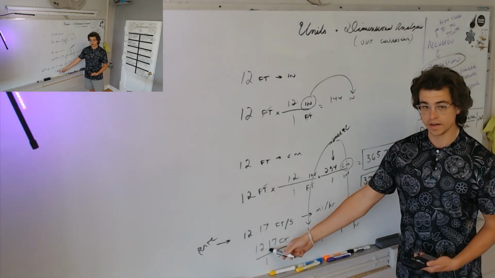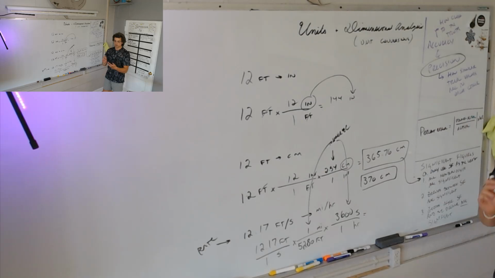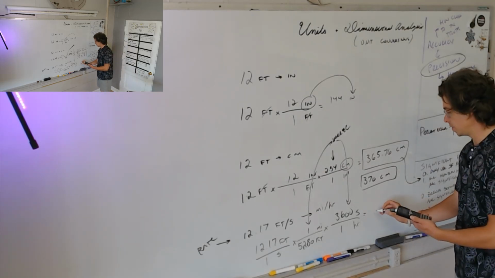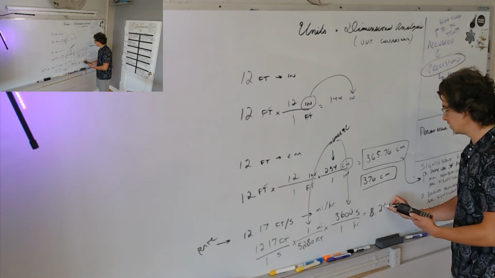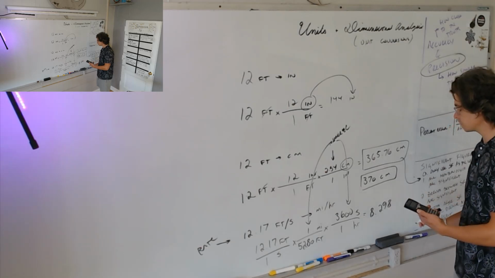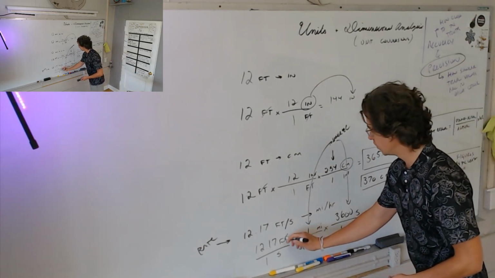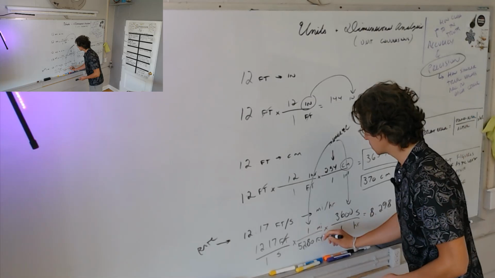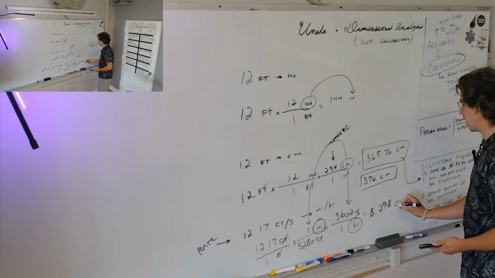We have 4 here, right? 1, 2, 3, 4. 4 significant figures. So I need to round this to 4 sig figs. So it's going to be 8.298. 8.298 what? Well, feet reduced to 1. I'm left with miles in the numerator, hours in the denominator, 8.298 miles per hour.